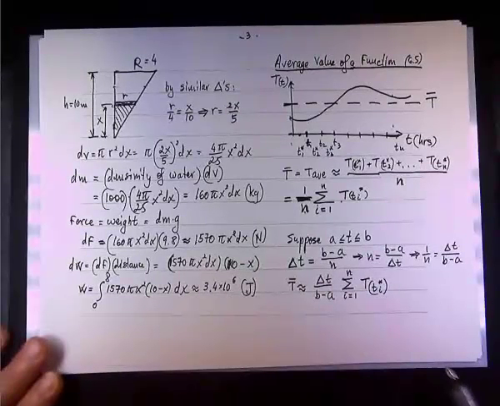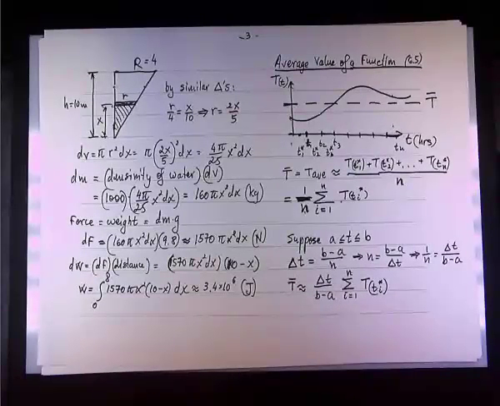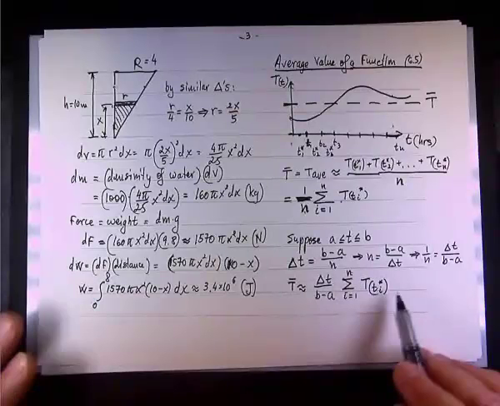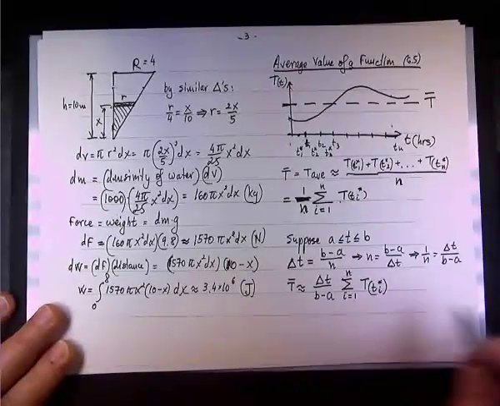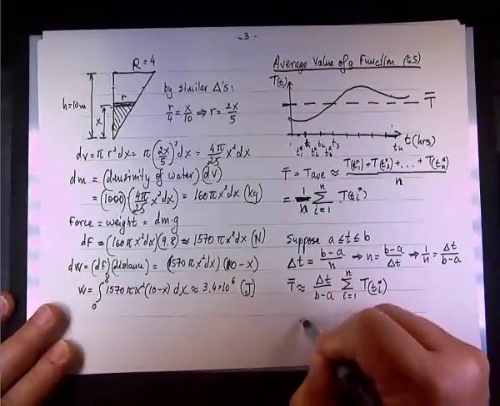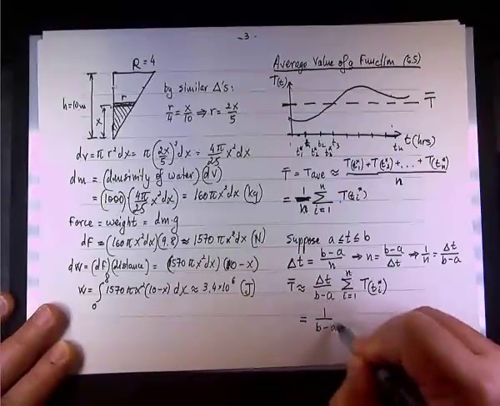Since delta t does not depend on the summation from 1 to n, it's outside, but for a reason that will be clear in a moment, I'm going to put it inside the summation.